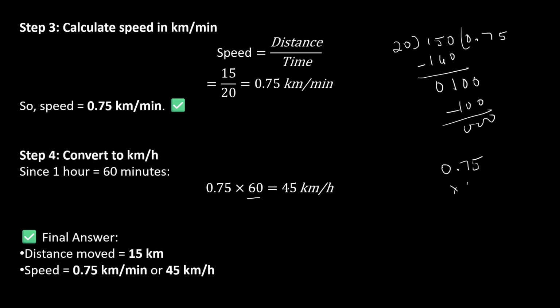0.75 into 60 it is. First step is multiply by 0, which is 0, then plus 6 5s are 30, 6 7s are 42 plus 3 is 45.